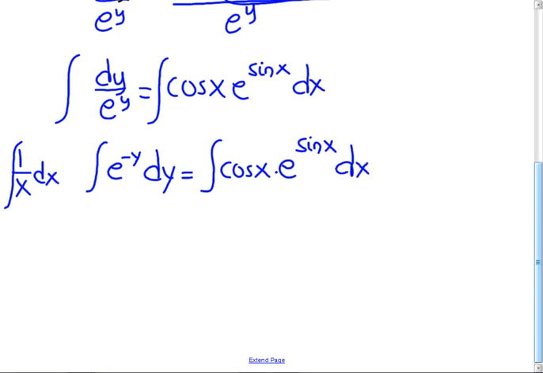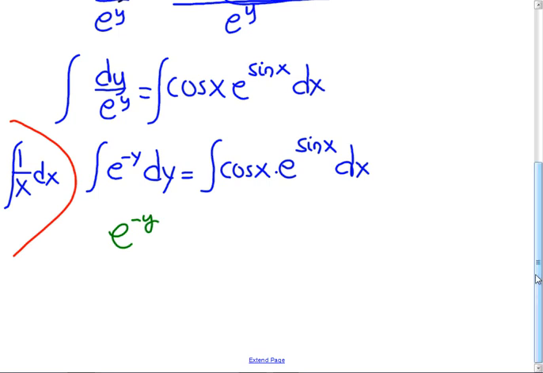Now, guess and check is perfectly okay. What's the antiderivative of this one? What if it were just e to the y? It'd be e to the y. So what if it's e to the minus y? Let's check it. What's the derivative of e to the minus y?